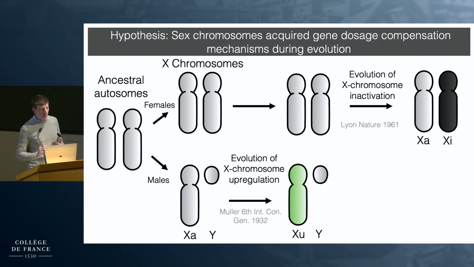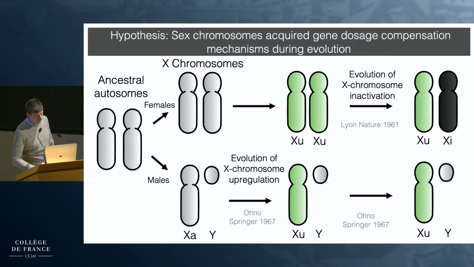So based on these two observations, Susumu Ohno proposed that during the evolution of sex chromosomes and the gene dosage compensation mechanism in mammals, there was first the evolution of X upregulation in males to balance X-linked gene expression with autosomes, which also led to two upregulated X chromosomes in females, which was then the evolutionary pressure to evolve X inactivation in females. And so we end up with one active X chromosome per cell in both females and males, and a balance with autosomes.